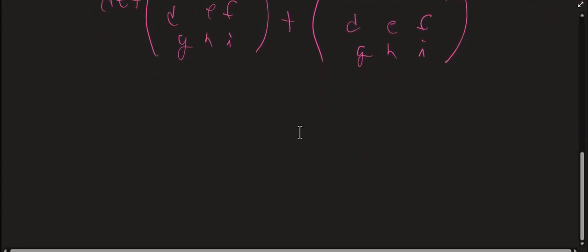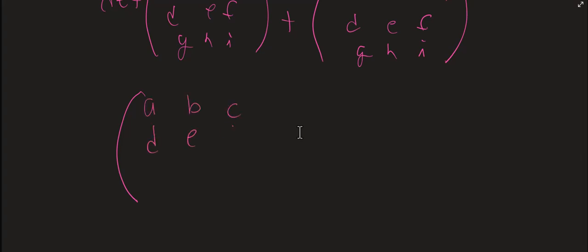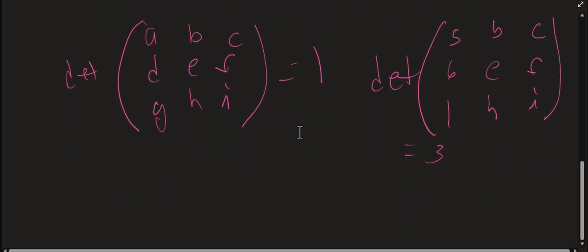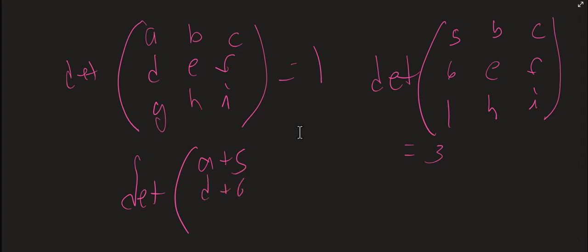So just thinking about it, if I knew that the determinant of that was 1, and I knew that the determinant of that was 3, then I would know that the determinant of that would be 1 plus 3, or 4.